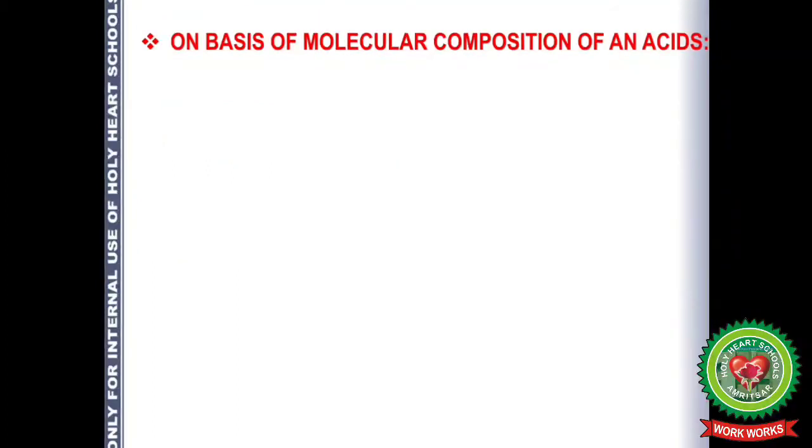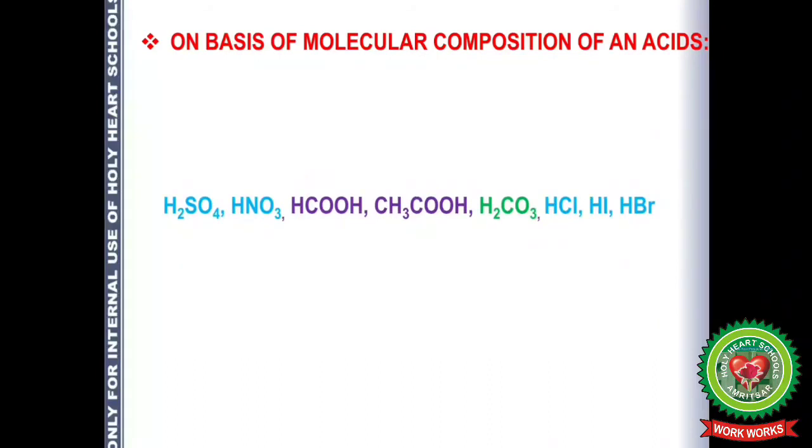Next classification is based on molecular composition of acids. Before that, let's take some examples. H2SO4, that is sulfuric acid, nitric acid, formic acid, acetic acid, H2CO3, that is carbonic acid, HCl, HI, HBr.